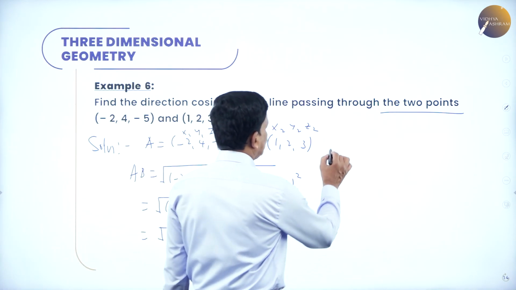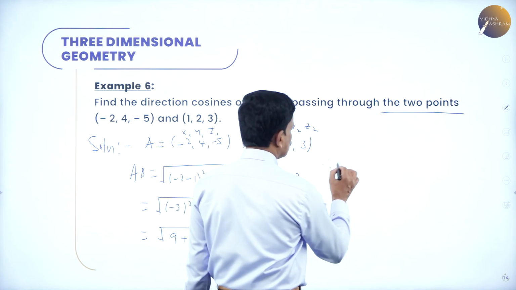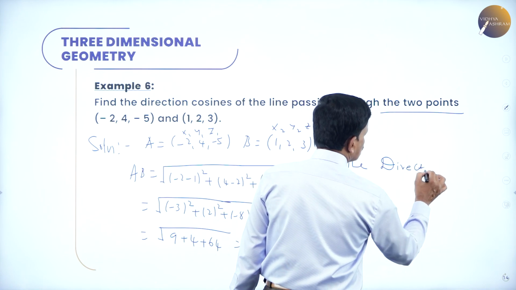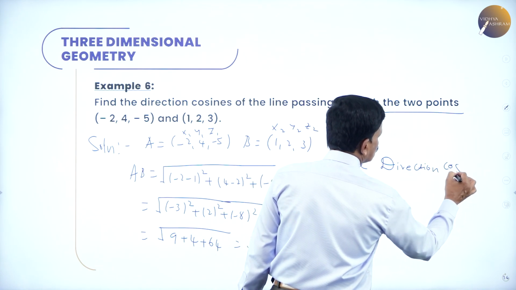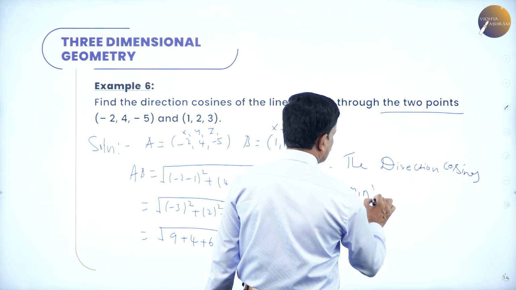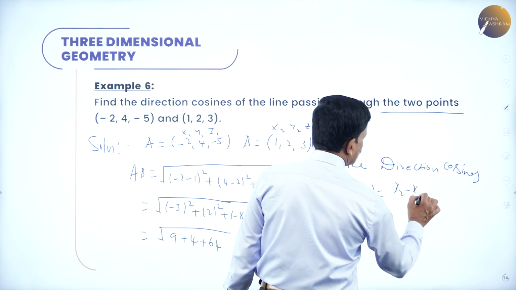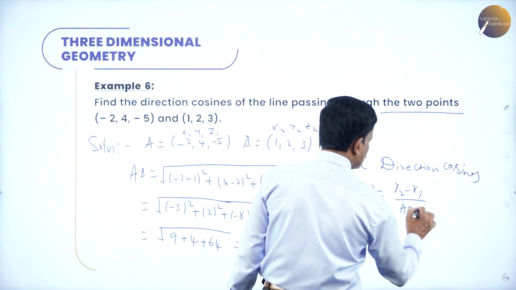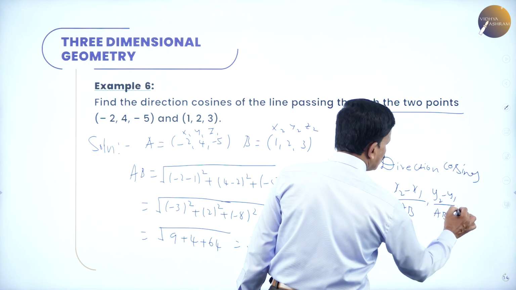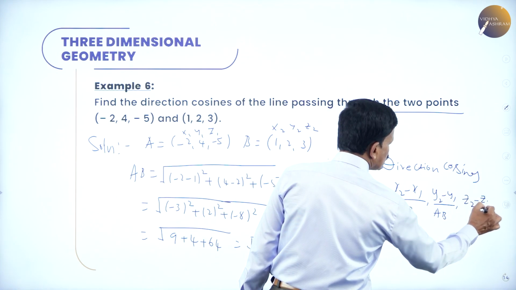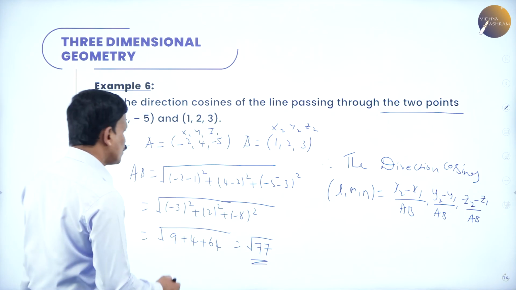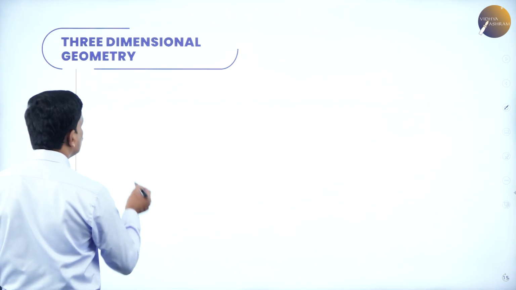Now, therefore, the direction cosines L, M, N are equal to x2 minus x1 divided by AB, y2 minus y1 divided by AB, z2 minus z1 divided by AB. Okay, so therefore the direction cosines, I'll go to the next page.